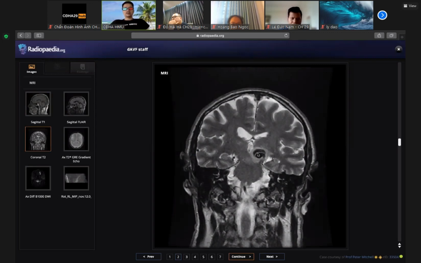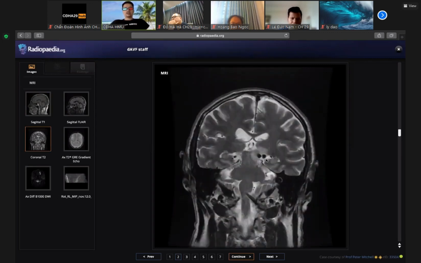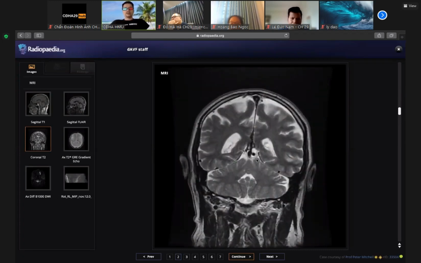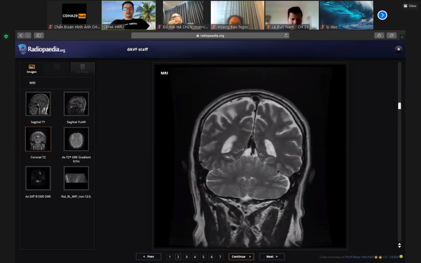We can see a dilated vessel which shows connection with the deep venous system, which drains to the deep venous system.